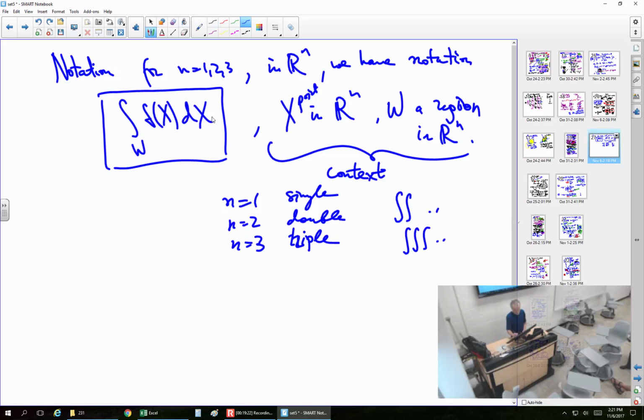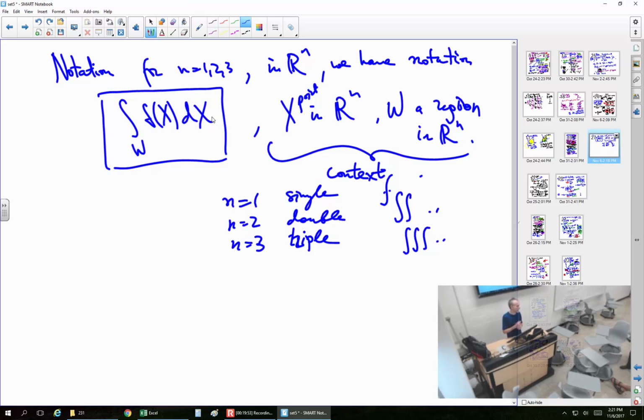Once again, all of these have meanings of their own. But if you want to handle them all simultaneously, and that is certainly worthwhile, even if you stick with dimensions 1 to 3, and even more so if you go beyond, because even though the interpretations in terms of volumes or areas fall apart, what remains is a very natural question about the average value of a function.